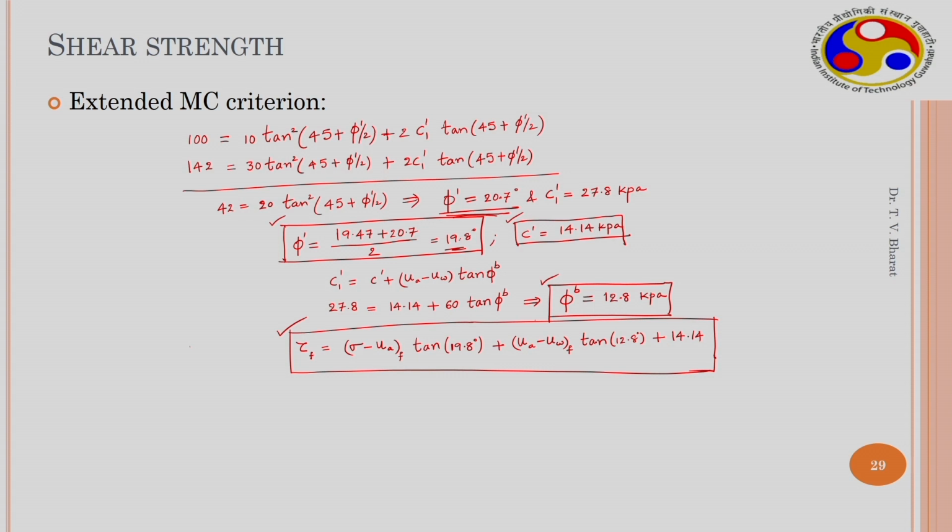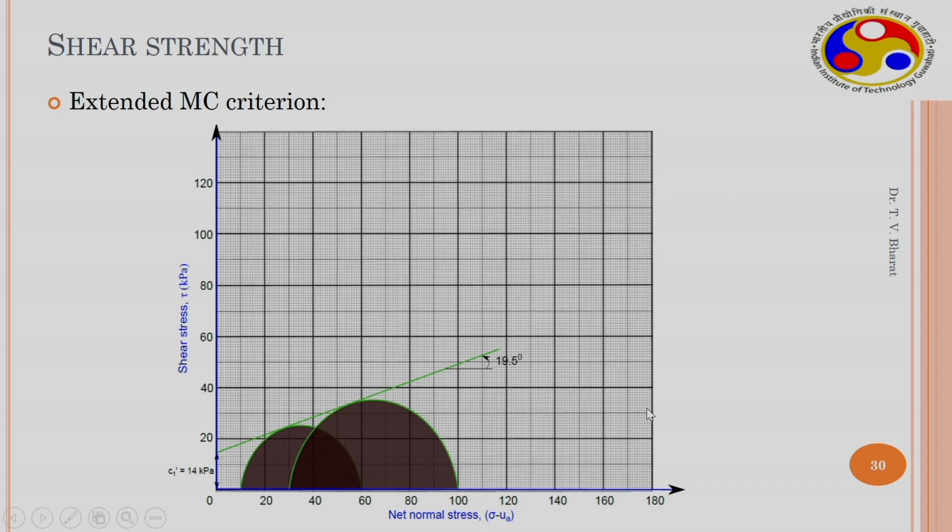So, the same thing can be solved graphically, similar to what we did for direct shear test data. Let us examine how we do it. Here in the extended M-C criterion, we have all the test data given. This is using test 1 and 2 data sets, at one particular UA minus UW, that is 0 kilopascal.